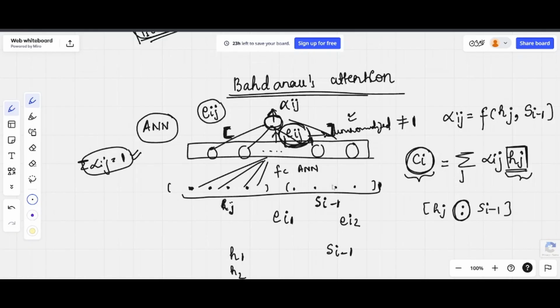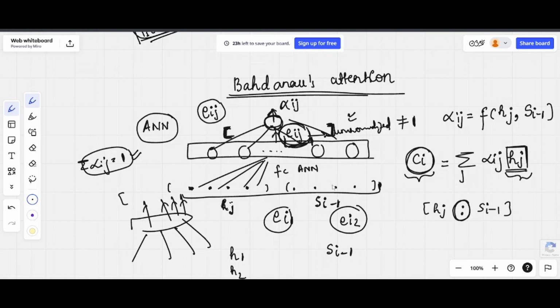So over a loop, I am getting these quantities, and once I have got all of them, I will pass them through my softmax layer, and the softmax layer will give me a vector of alphas, alpha 1, alpha 2, alpha 4, this way. The softmax layer is normalizing it. By normalizing, I mean that their sum is now equal to 1.